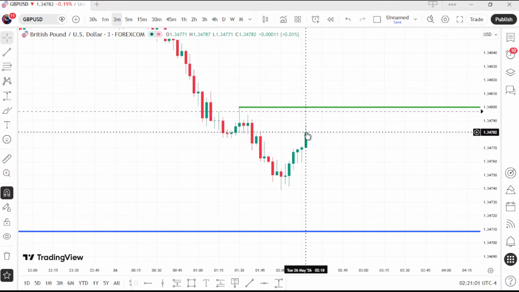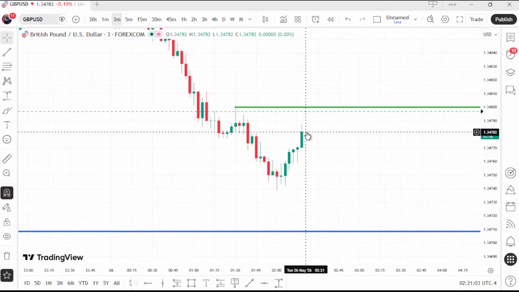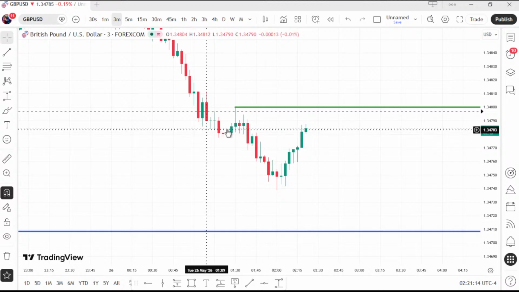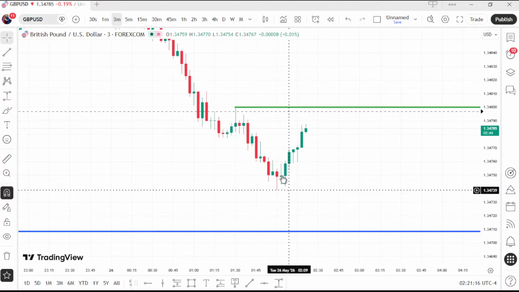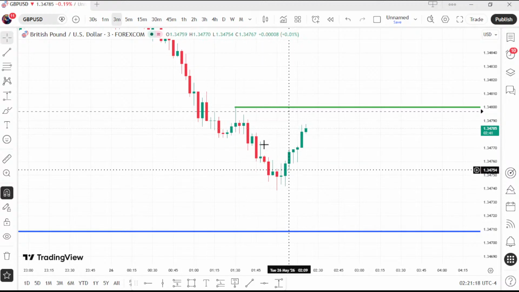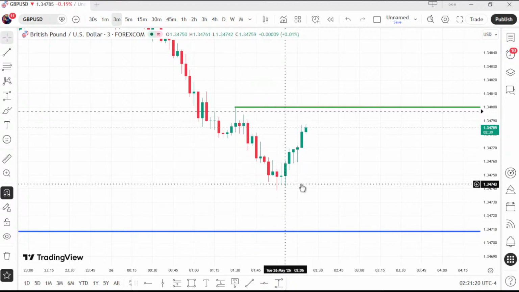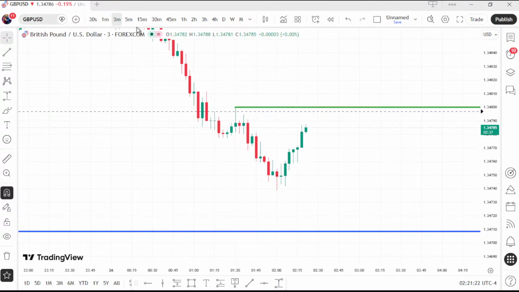Let's see if the entry will be at 225. 225, 235, 245. Yeah. This might make this a mitigation block, this 3-minute. Or also this one. Price not below it, but let's watch it.